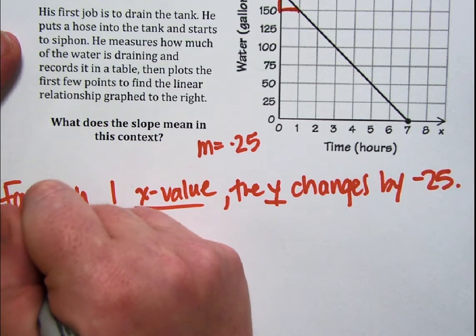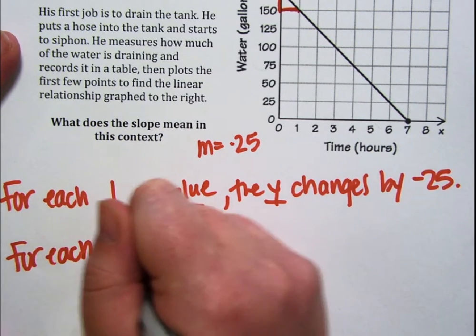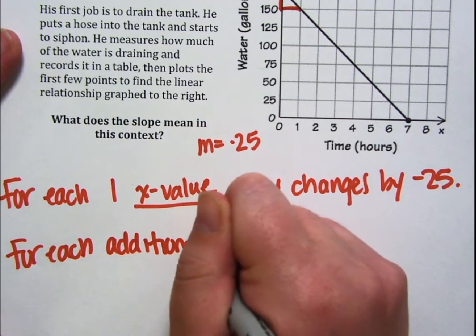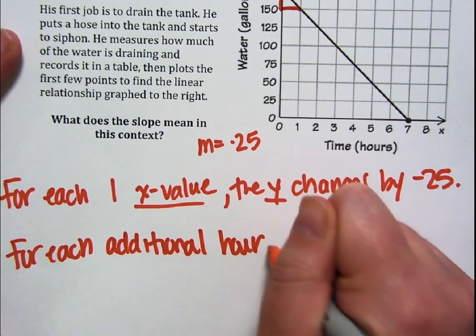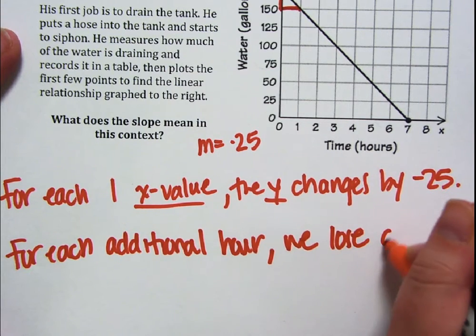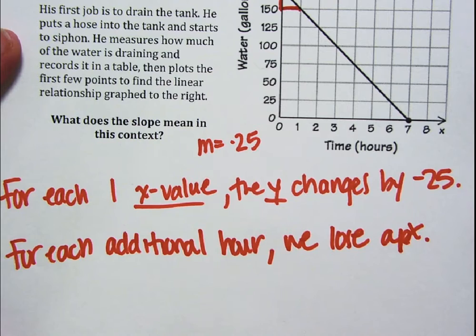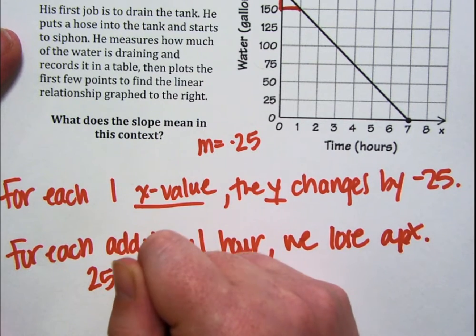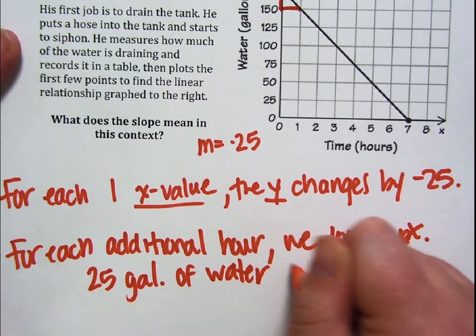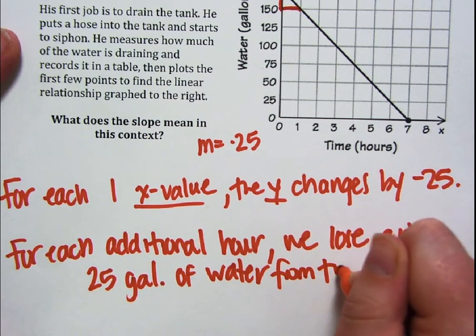For each additional hour, we lose approximately 25 gallons of water from the tank.